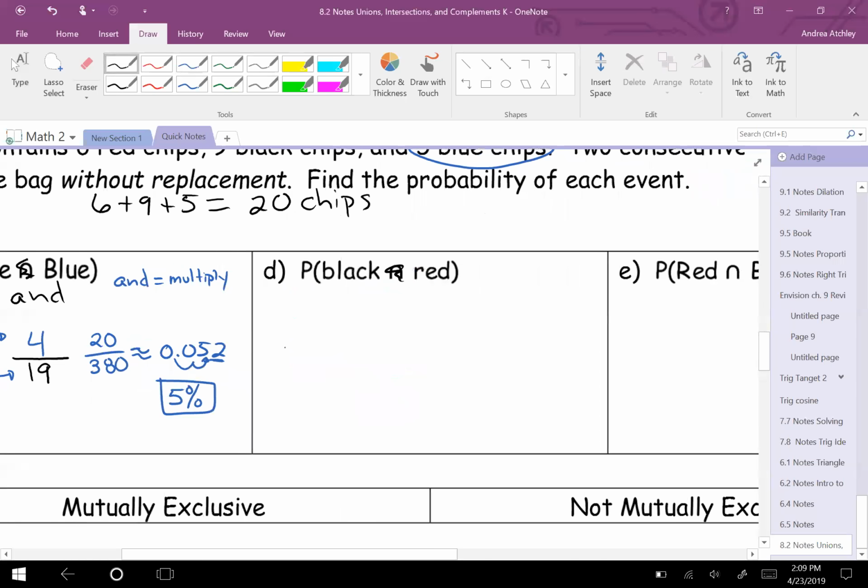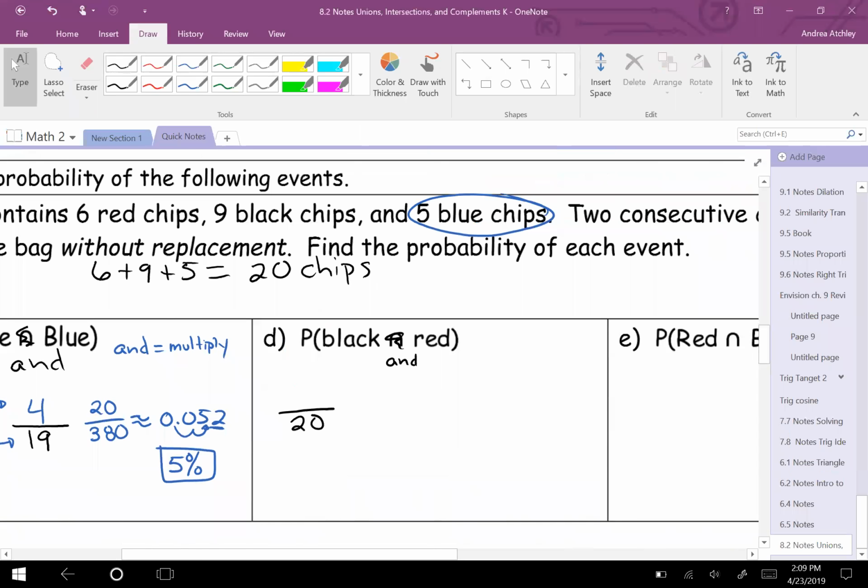Probability of black and then red. So we start out with our 20 chips. How many are red? 6. So the probability of pulling a red chip is 6 out of 20. Now I'm going to do my second pull.